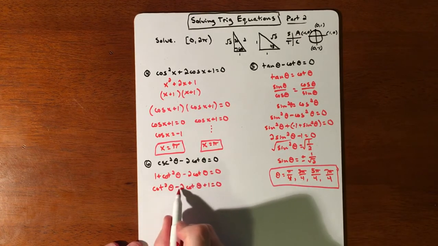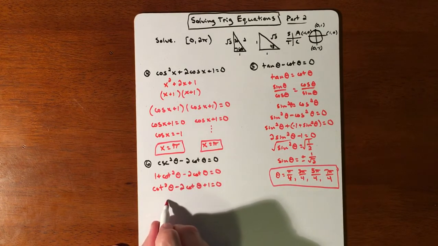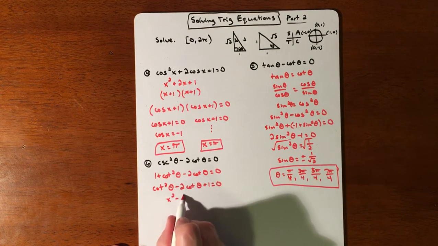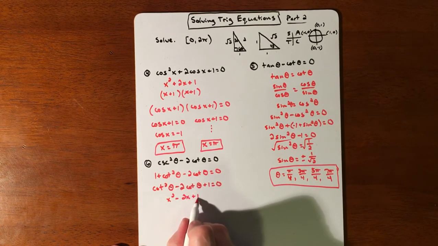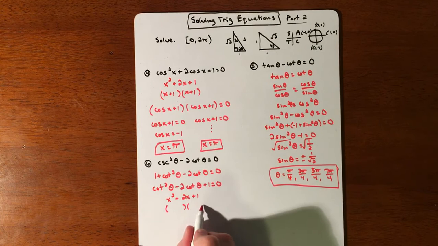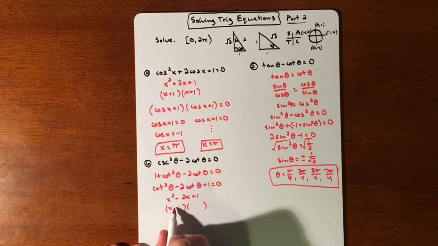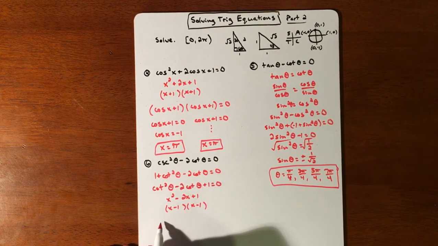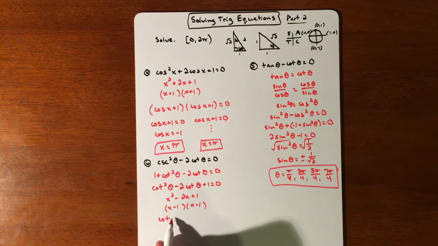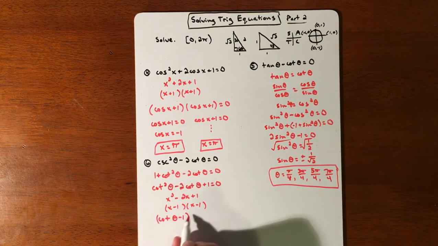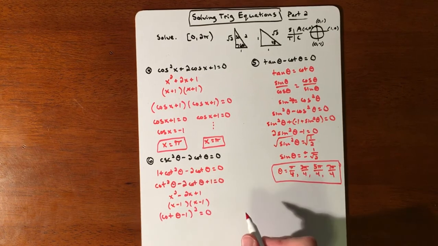So this is like x squared minus 2x plus 1. If I factor that, I have x minus 1, x minus 1. So we're looking at cotangent of theta minus 1 squared equal to 0.